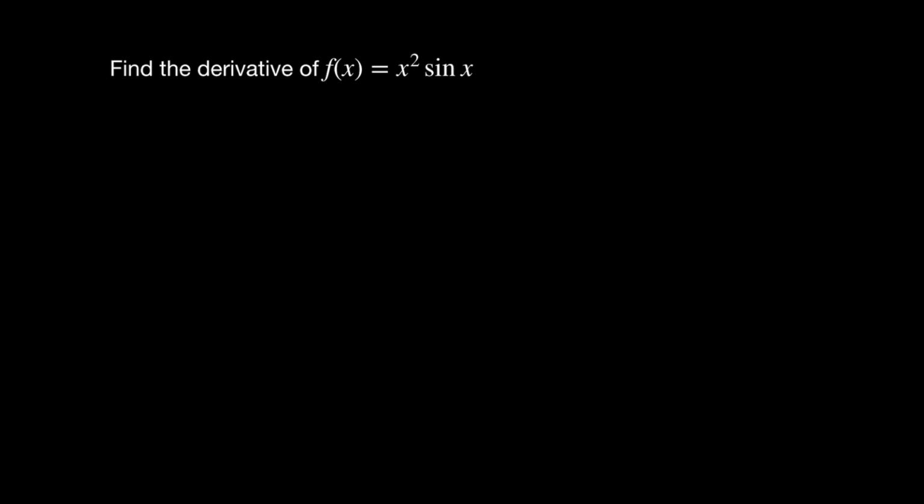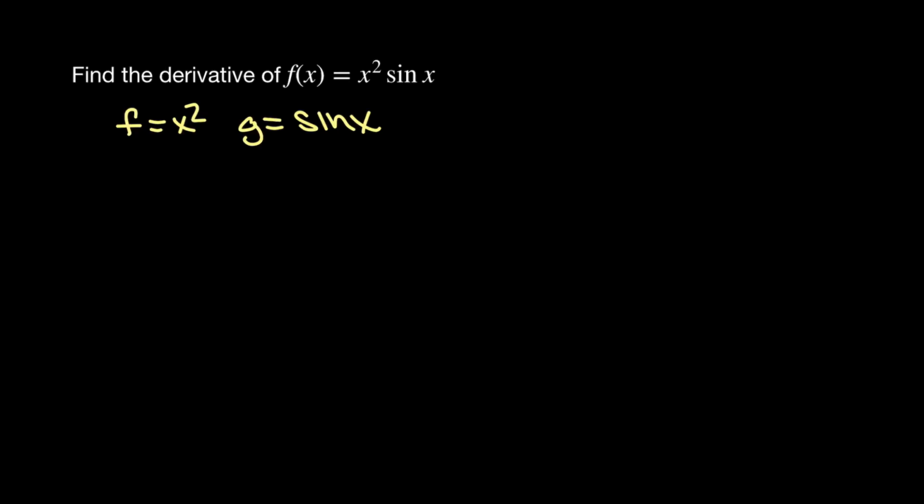Now that we know the derivatives of our 6 trig ratios, we can use these derivatives in combination with the other rules that we've learned about finding derivatives. So for example, if I want to find the derivative of f of x equals x squared sine of x, this is a product. The x squared is being multiplied by the sine x, so I can use the product rule. My first function is x squared. I'm calling that f.